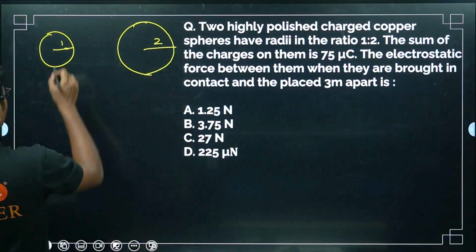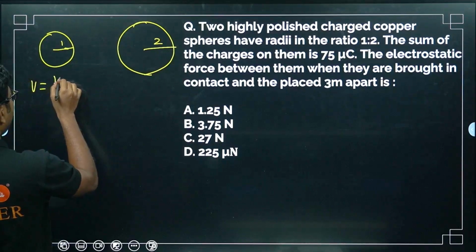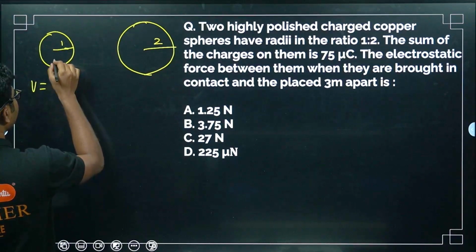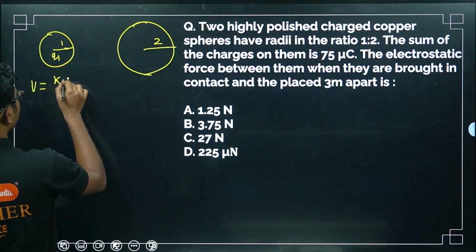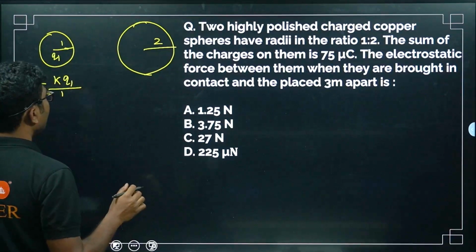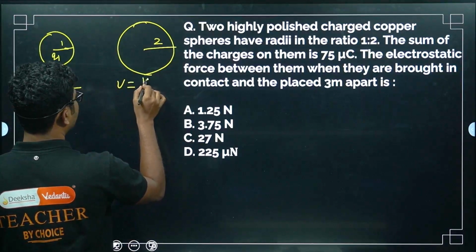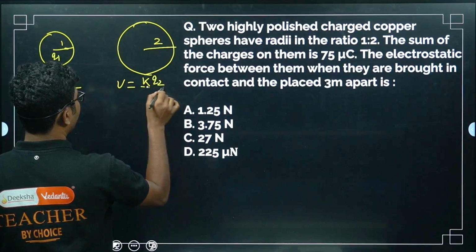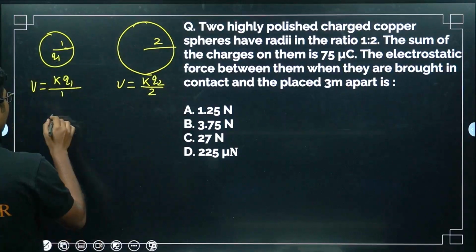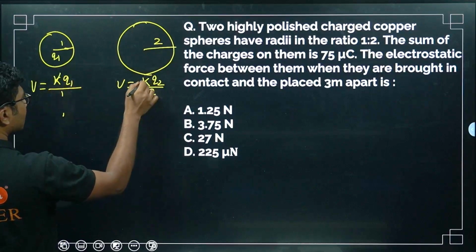So the potential of this sphere is K Q1 by 1, say the charge on this sphere is Q1. And the potential of the other will be the same value, K Q2 by 2. Now we can compare these two values. K will cancel, obviously, since they are the same.